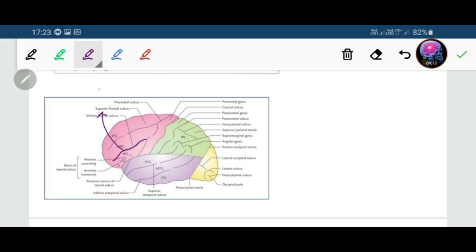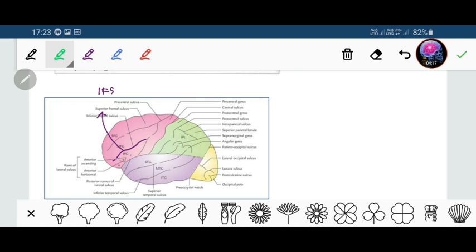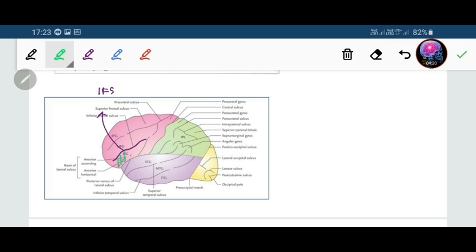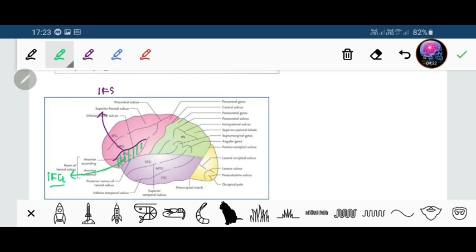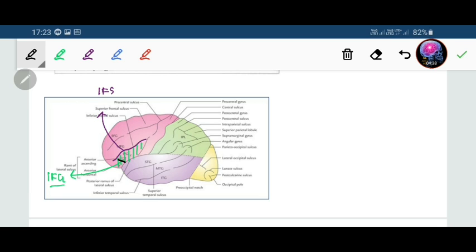This is the inferior frontal sulcus and this region is the inferior frontal gyrus. The anterior and ascending rami of the lateral sulcus: this is the anterior and this is the ascending rami of lateral sulcus.